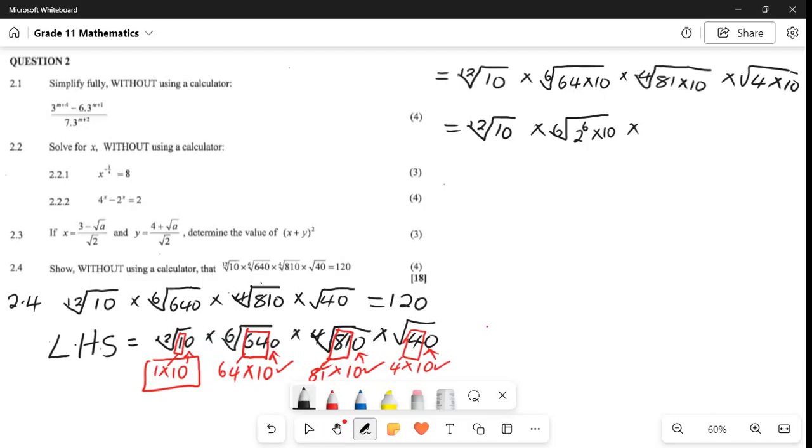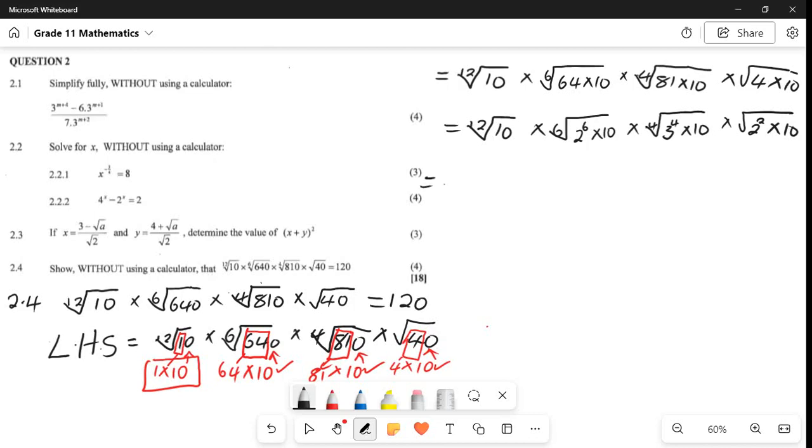And we've got the 4th root of 81, which can be written as 3 to the power 4, and we still have times 10. And 4 can be written as 2 to the power 2, times 10. Wow, how beautiful is this? Very.